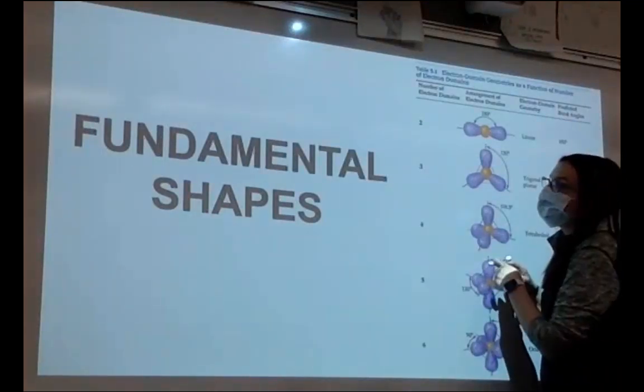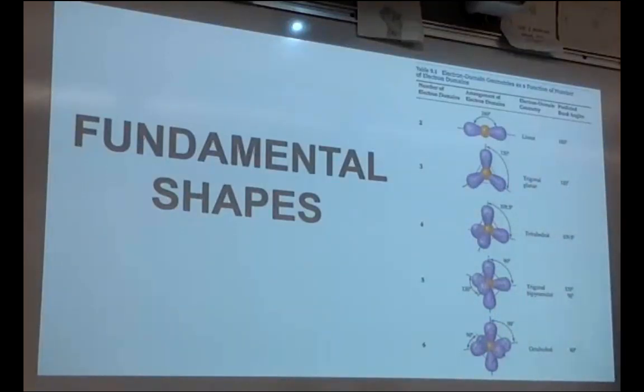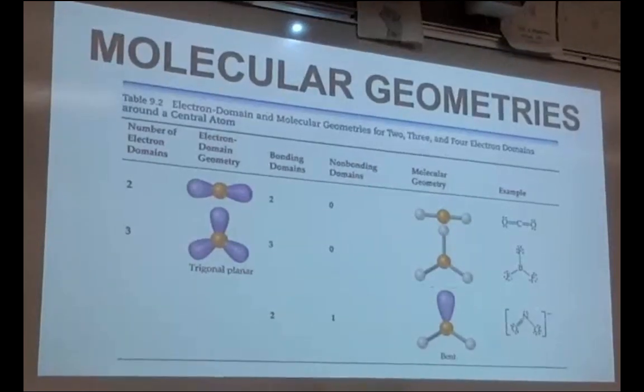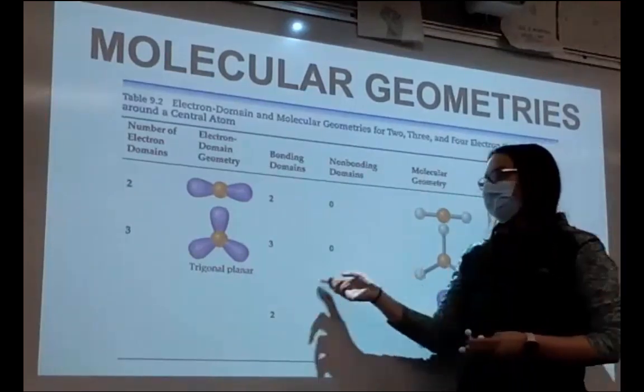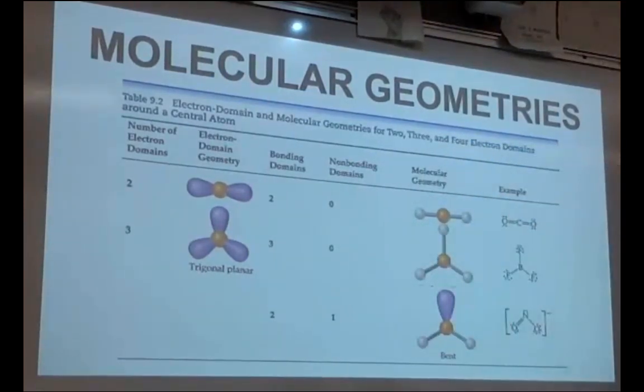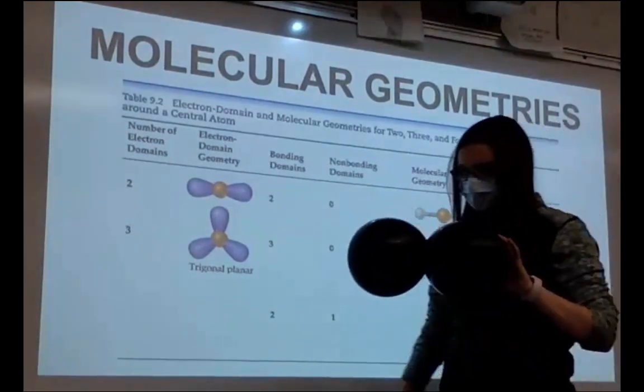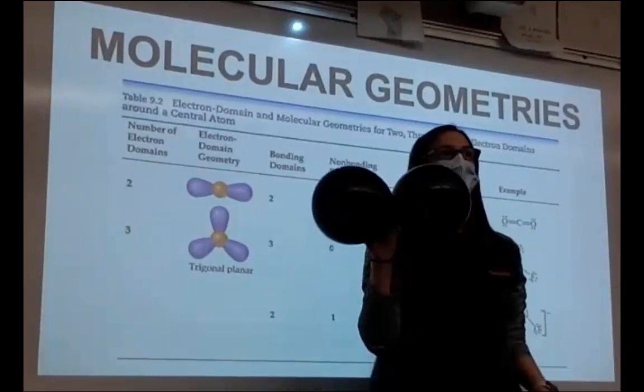Then we get into molecular geometry. The molecular geometries take into account how the lone pairs actually affect the bonded atoms. This actually was in your notes as well, but here's where I had someone blow up all of these balloons.